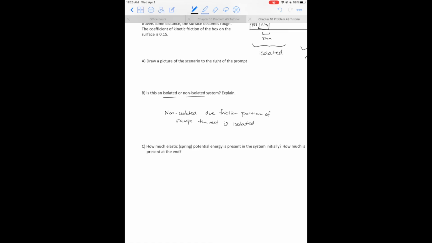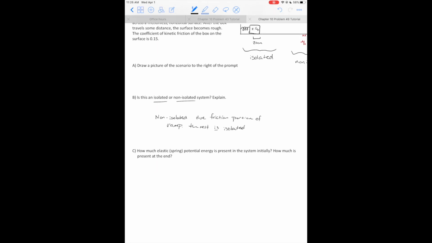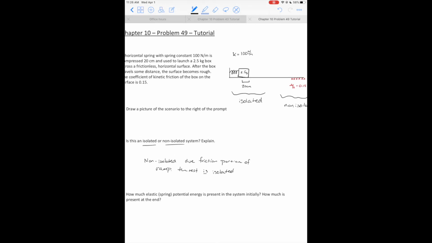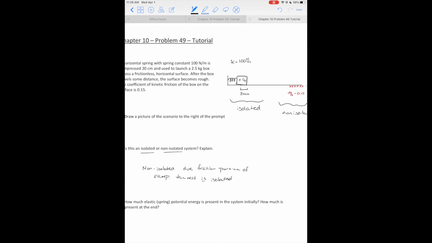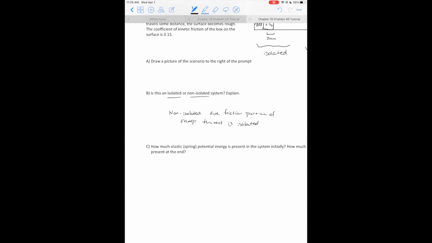All right, part C, how much elastic spring potential energy is present in the system initially? How much is present at the end? So initially, we have some compression of 20 centimeters here. So we can write out U_E is equal to 1/2 k x_i squared, where x_i is the initial displacement from equilibrium of our spring.